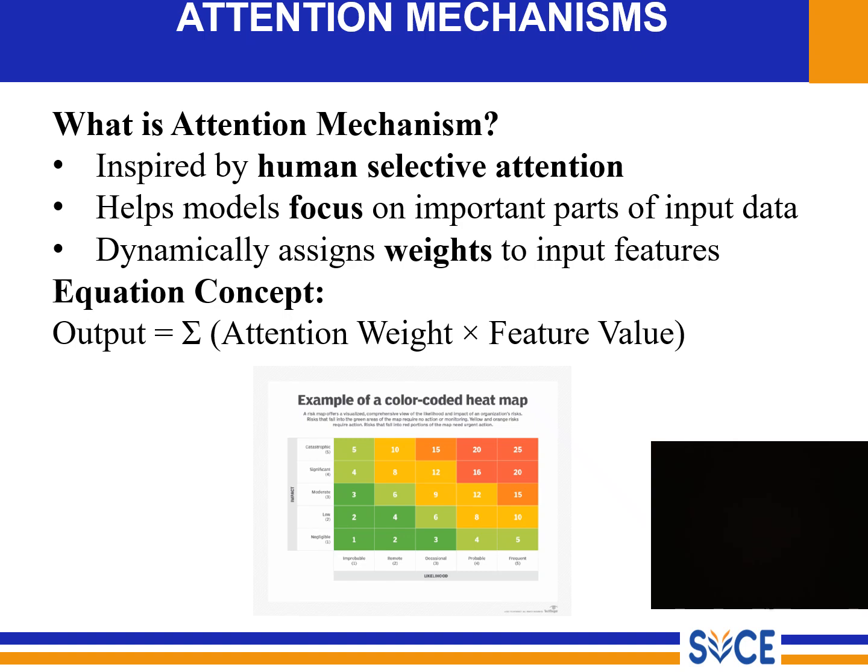If something is important, it gets a higher weight. If not, the weight is small. That's how models like Transformers, GPT or BERT decide which words or image regions deserve more attention, right? And this small trick, just adding the weights, changed the entire field of AI. Okay, the next slide.